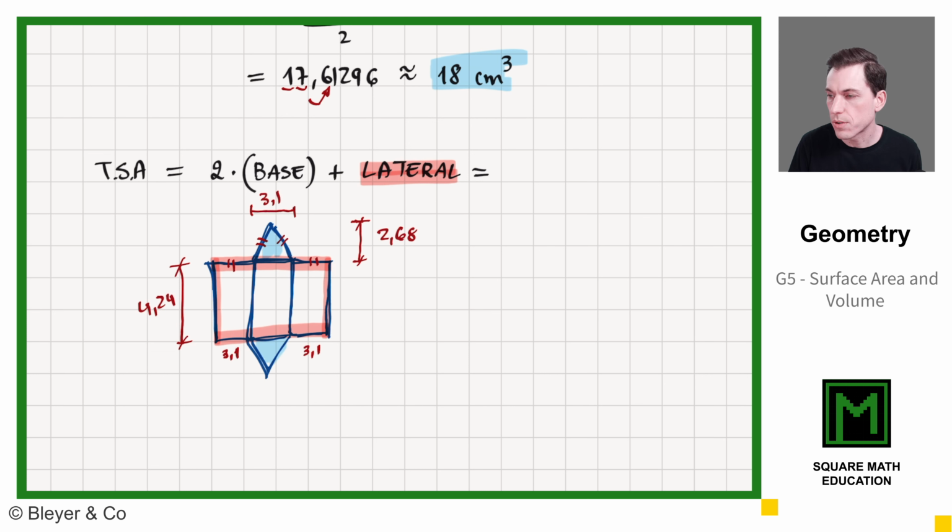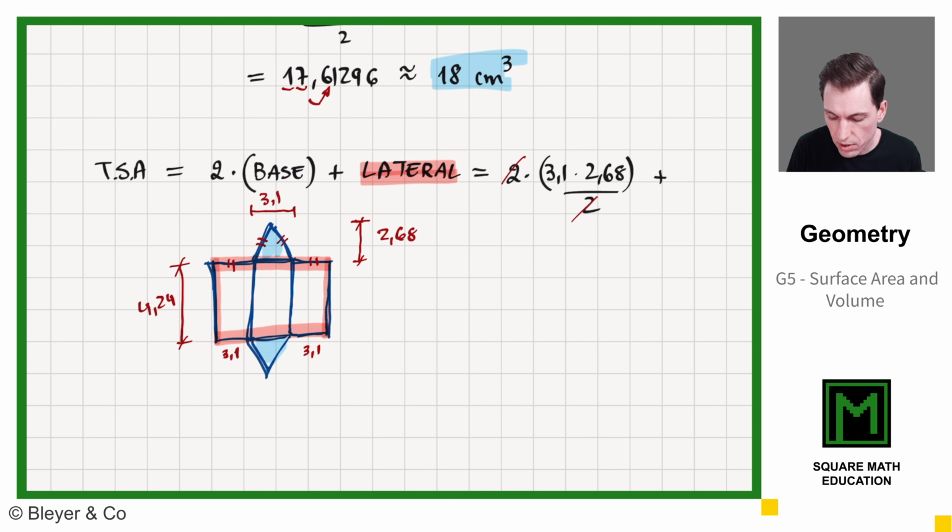So let's calculate. 2 times the base: my base is 3.1 times 2.68 divided by 2. Since we are multiplying and dividing by 2, we may skip this, so we could cross them out. And then we are going to add my lateral.